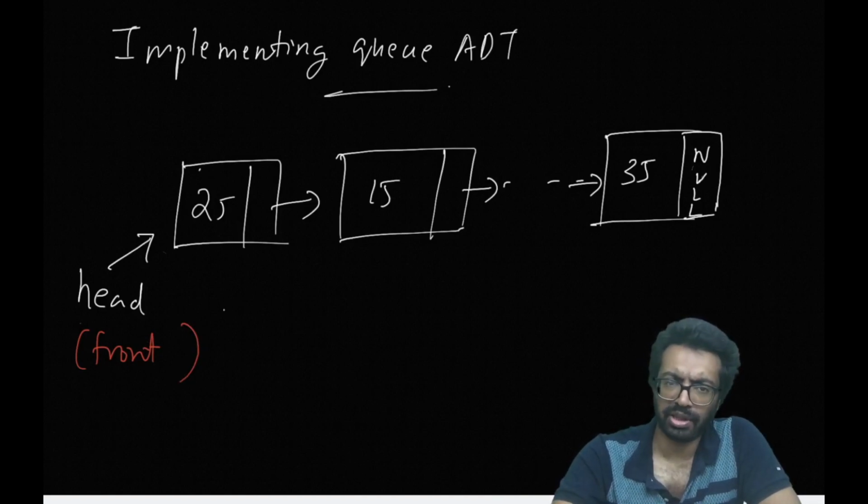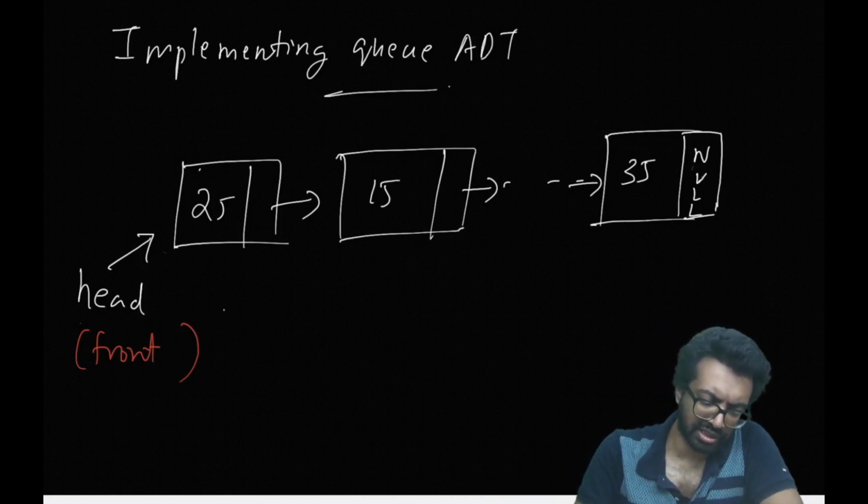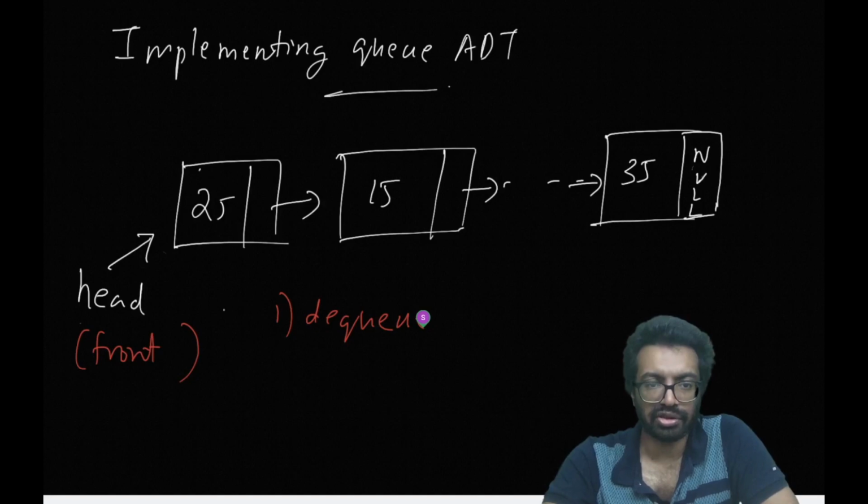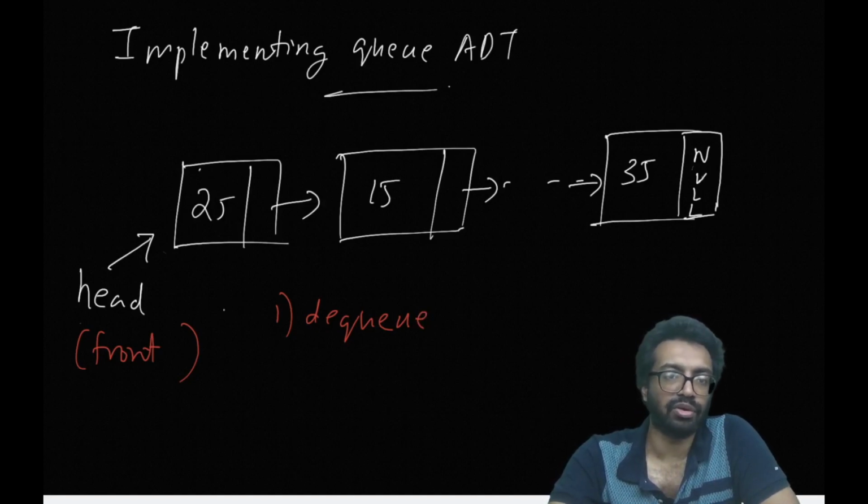So now let me say I want to implement the DQ operation. That is, I want to remove the front of the queue. What is it I need to do? So the DQ operation, this is very easy. We know how to remove the head node, right?